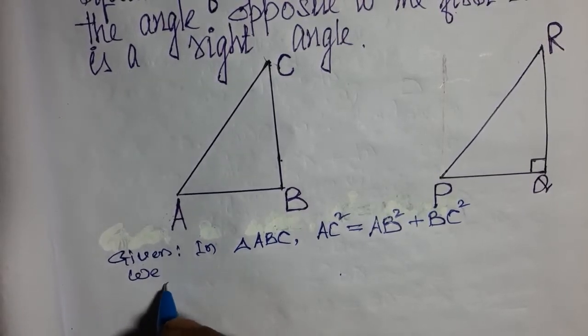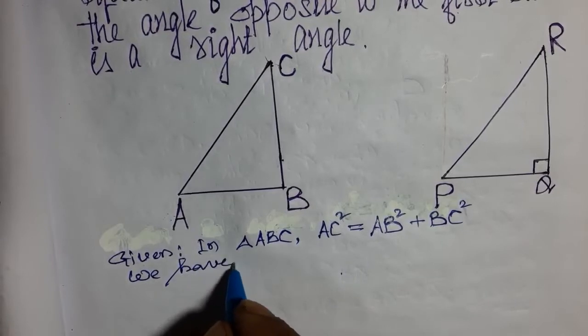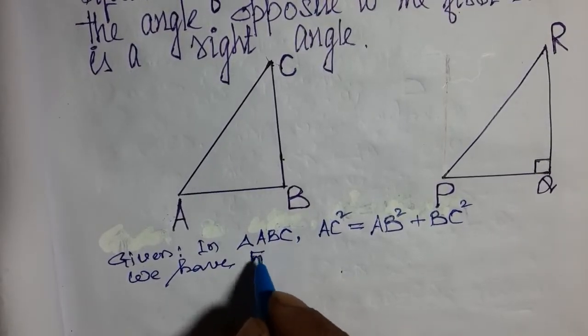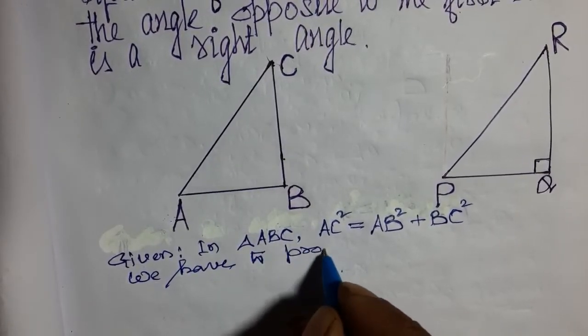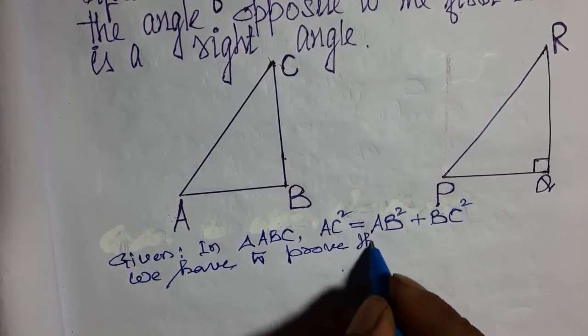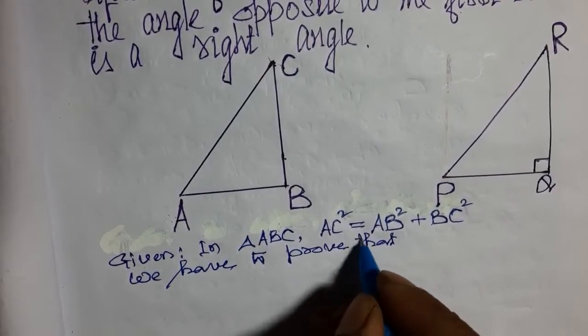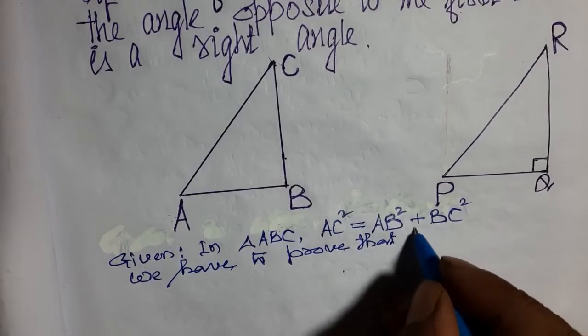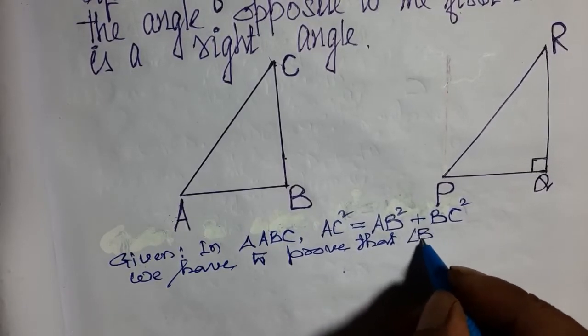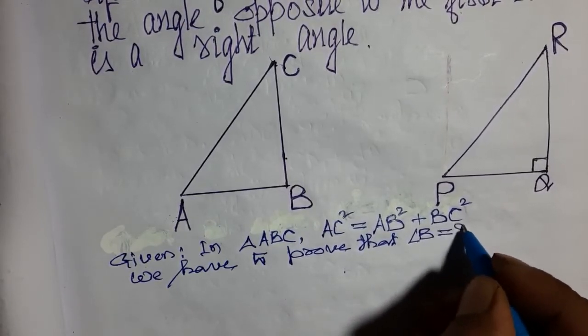We have to prove that angle B is equal to 90 degree.